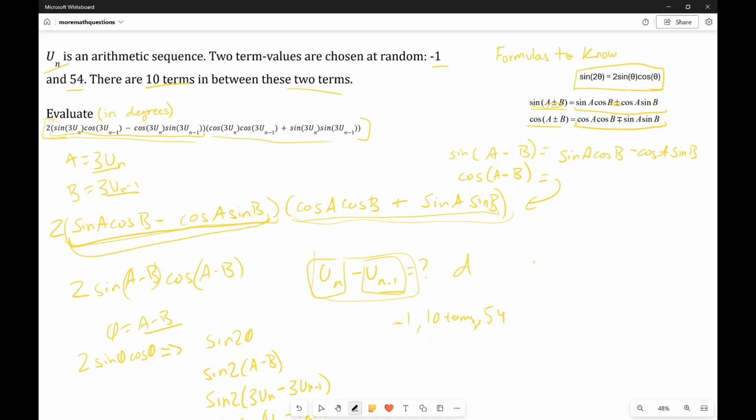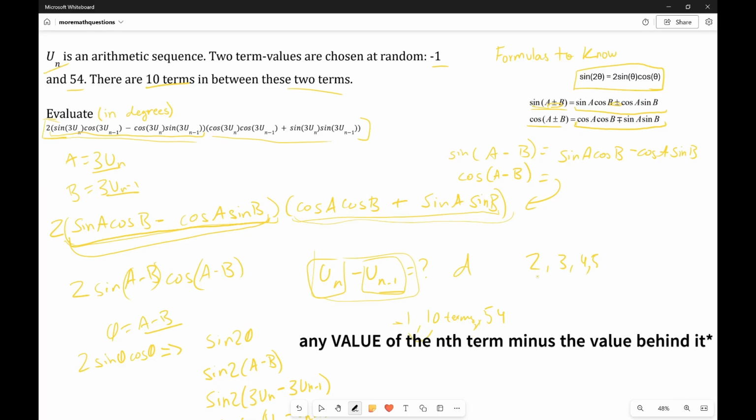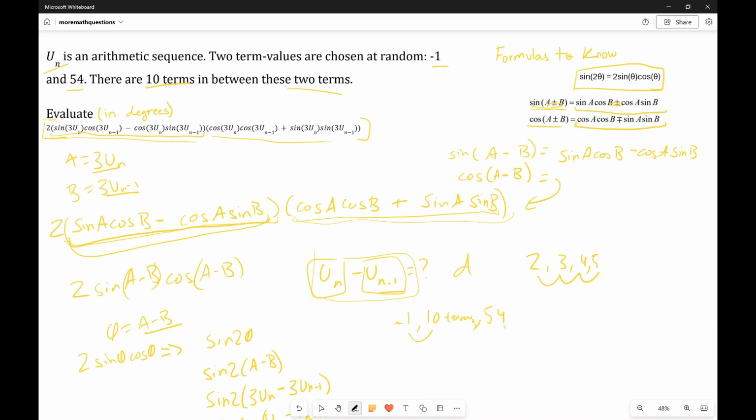That is because when you have terms in between two numbers, you have to count the jump from the outside term to the 10 in between numbers and then to the 54, which gives you one more than the amount of terms in between. To better show this, take a really easy example, like 2, 3, 4, 5. There are 2 terms in between 2 and 5, but there are 3 jumps: 1, 2, 3. This goes for anything. It's just a counting principle.